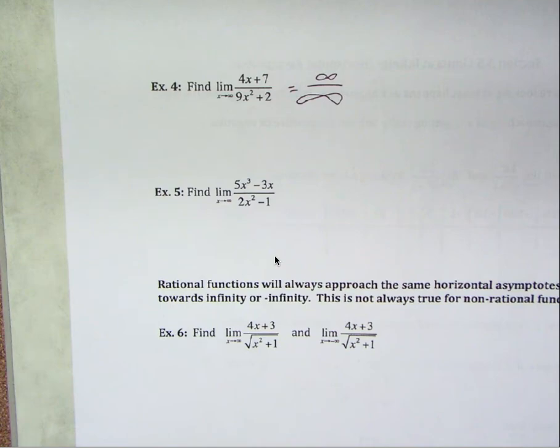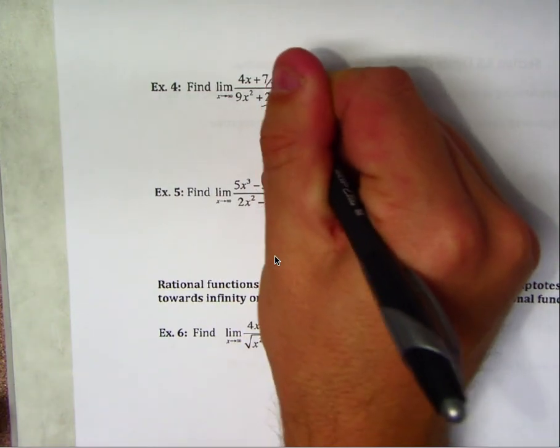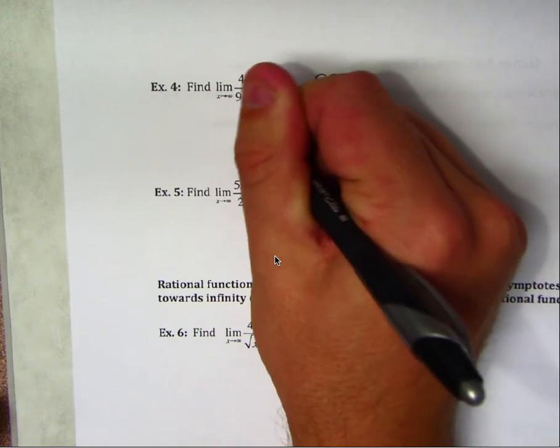So let's use the approach that I just talked about on the front side. Divide every single term in this fraction by the highest degree variable of the denominator. What is the highest degree variable of the denominator? Yeah, so we're going to divide everything by x squared.